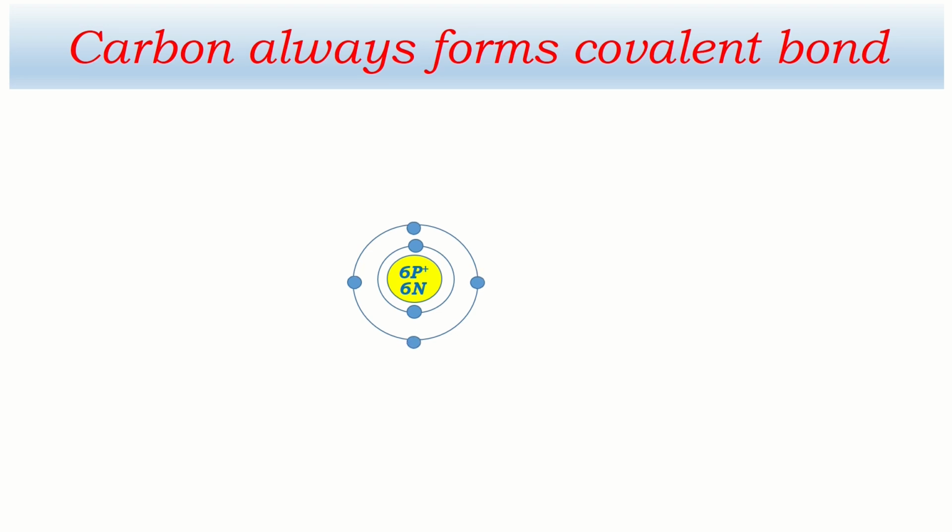If it lost 4 electrons from its outermost cell, then it has only one cell, and only one cell will be satisfied with 2 electrons to form a duplet. Is it possible? A duplet is not possible because we have to apply a huge amount of energy for the loss of these 4 electrons, because the attraction force of 6 protons is strong.